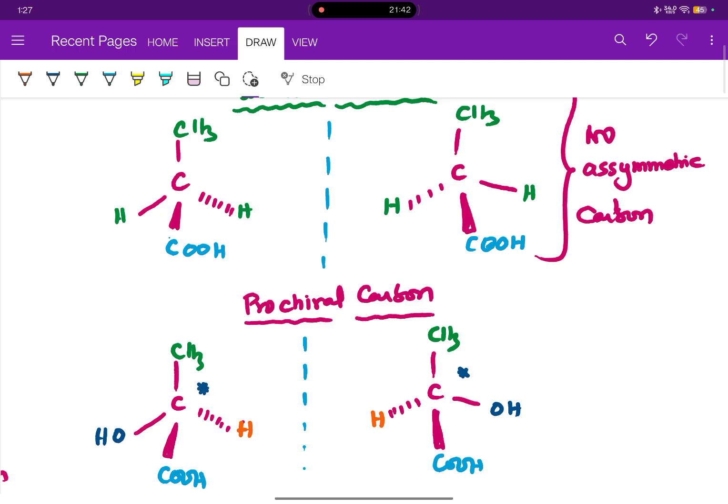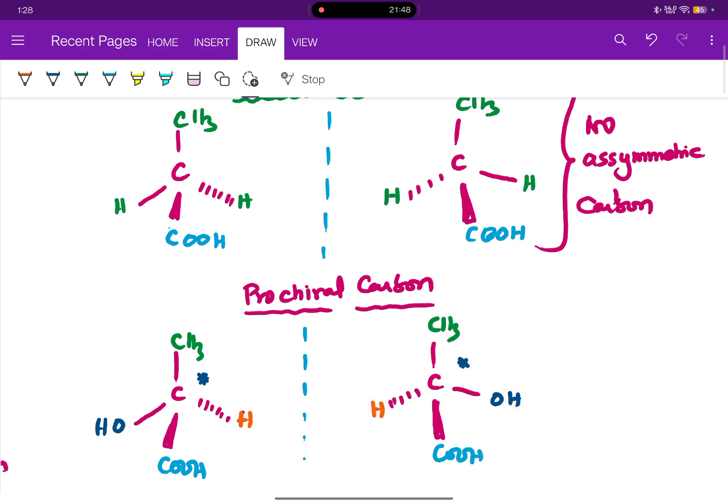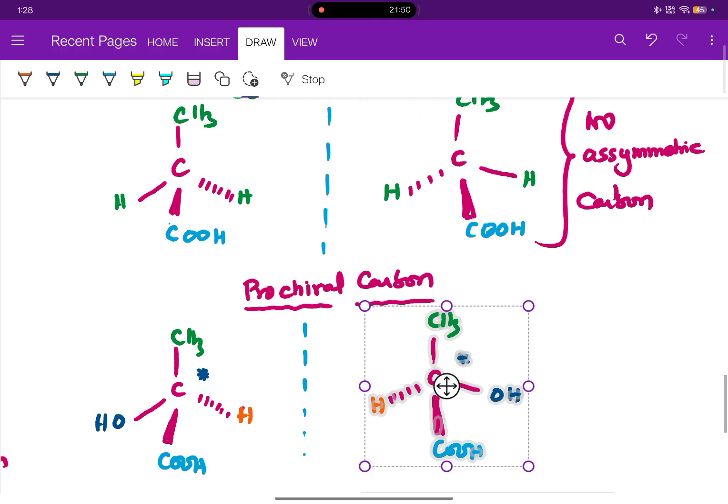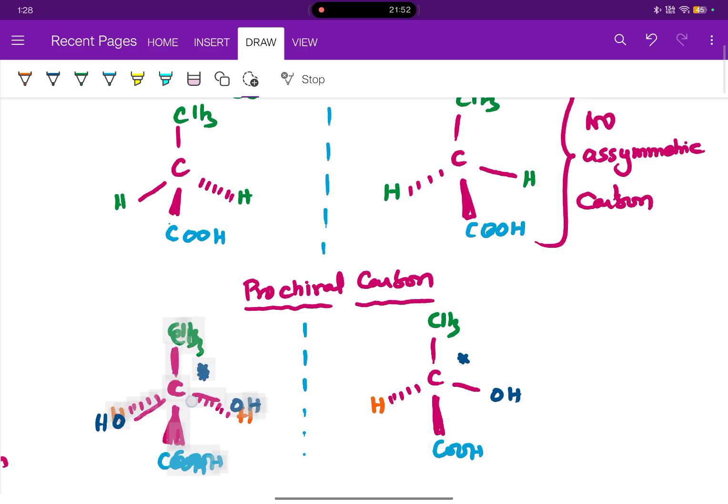So how do you superimpose, ma? When you have a molecule, how do you superimpose? You select it, and then you directly paste it on top of it. Can you see? The CH3 is in the same direction, COH in the opposite direction, and OH and H are in the opposite direction, correct?